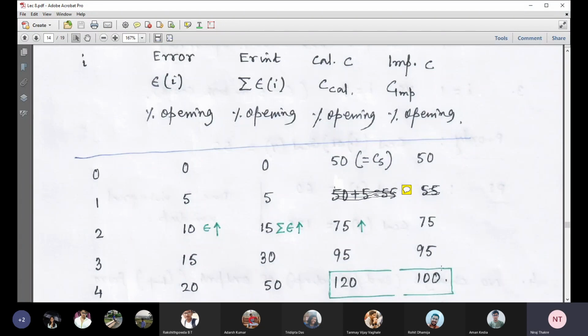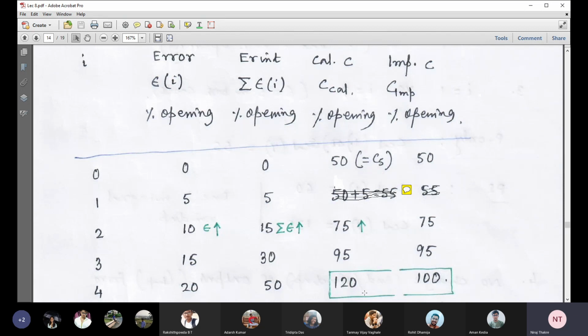But since the maximum valve opening permitted is 100%, we cannot implement 120% valve opening. So although it is calculated 120, it is implemented as 100. So 20 is extra, that is calculated in our computer program.